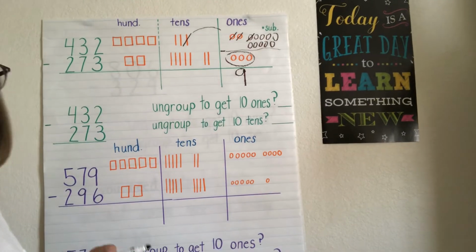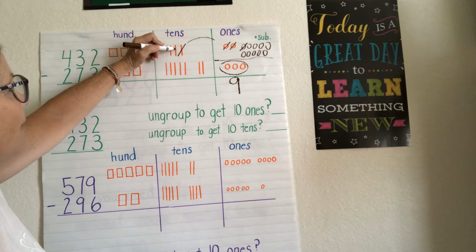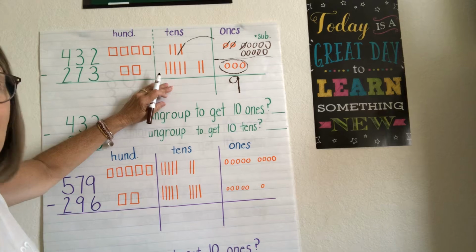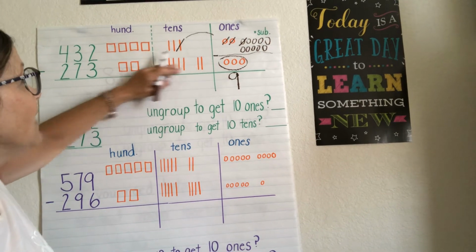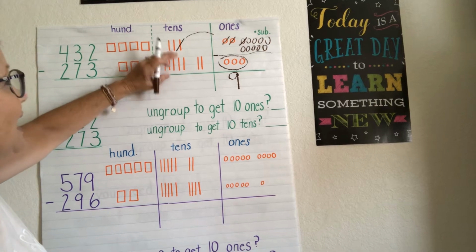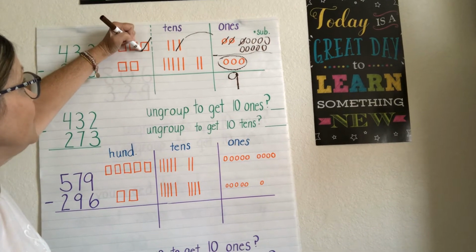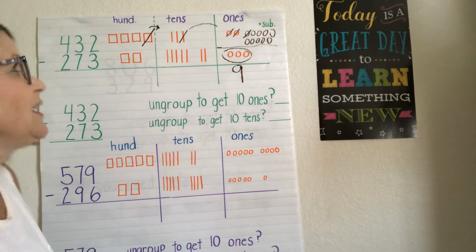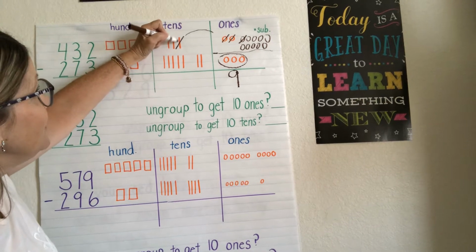In my tens, I now have 2 tens on the top and 7 tens on the bottom. In the tens, is the bottom number bigger? Yes, I've got 7 tens. I can't take it away from 2 tens, so I'm going to take my 100 and I'm going to break it apart and bring it over to the tens. And I'm going to make 10. Now, I can't count this one. This one's gone.